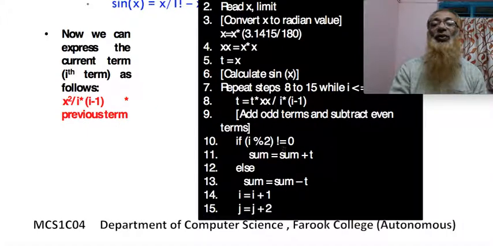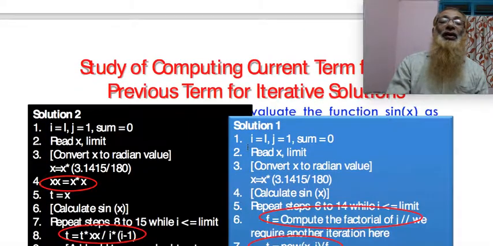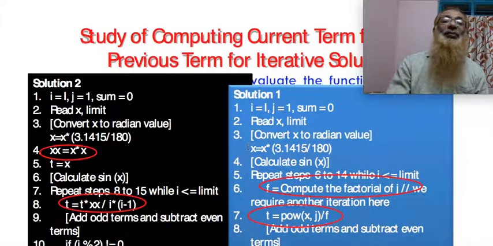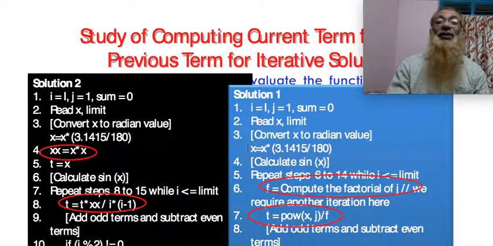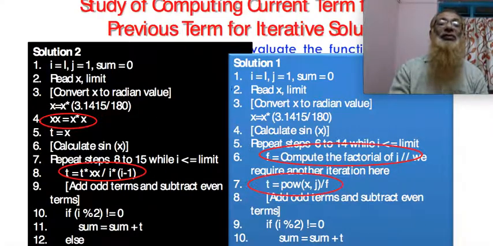We have to compute the sign of each term depending upon the value of I. Now let us compare how these two solutions differ. This is our solution 2 and this is the revised solution.